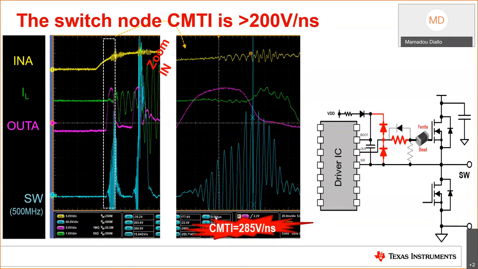For the previous cases that I was showing, the CMTI or the DVDT on the switch node is as high as 285 volts per nanosecond, which is way too much for this driver specifically. And you will be hard pressed to find a 285 volt per nanosecond CMTI gate driver as of today.